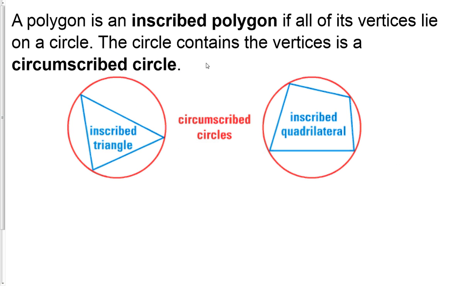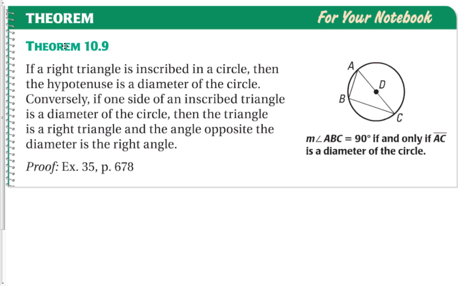Next, how does this work with polygons? Inscribed polygons is when all the vertices lie on the circle. The circle containing the vertices is called circumscribed. We talked about the circumcenter before. In this case, we've got two properties.